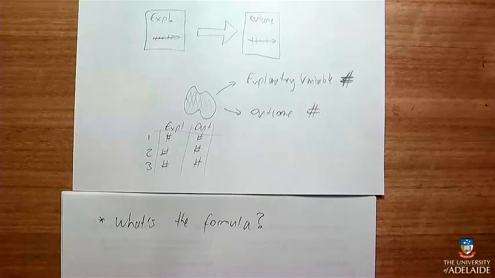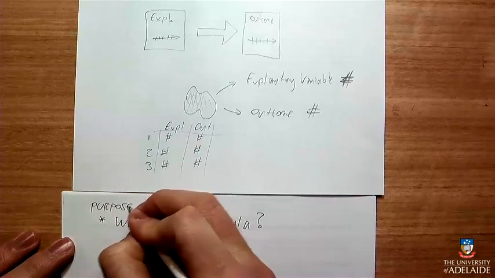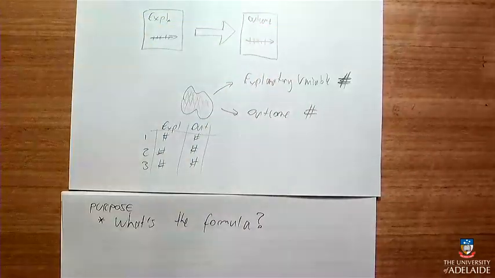In fact, that is the main purpose of regression. So I don't just want to know whether they're related, I want to know what's the formula. If I have this, can I calculate what this is?